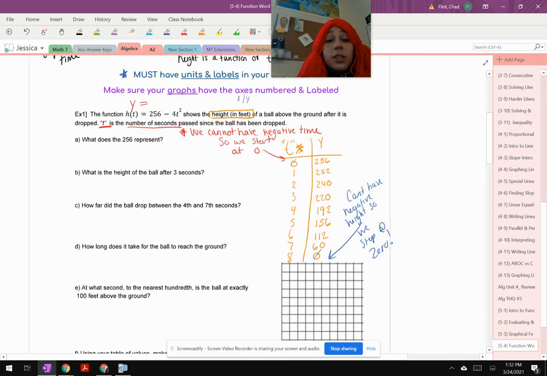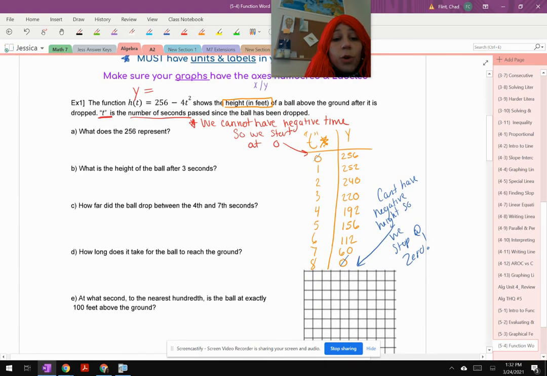So we're going to use this table to make sense of what these questions are asking me. Part A wants to know what the 256 represents. Well, that 256 is coming right from my equation, and it also shows up right here in my table with the value 0.